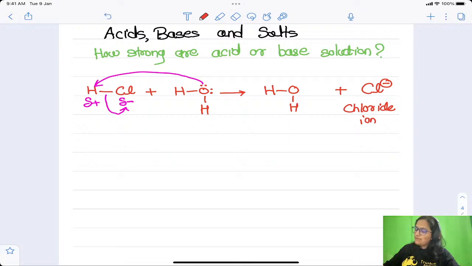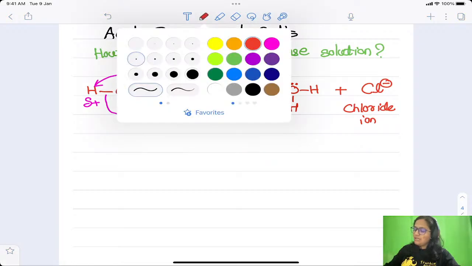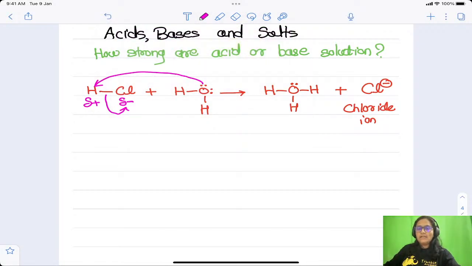Out of two lone pairs of electrons, one has been used for bonding with the proton from the acid. So I will write only one lone pair of electrons on oxygen, and one hydrogen is attached to it. On this particular oxygen there are three bonds and one lone pair only.